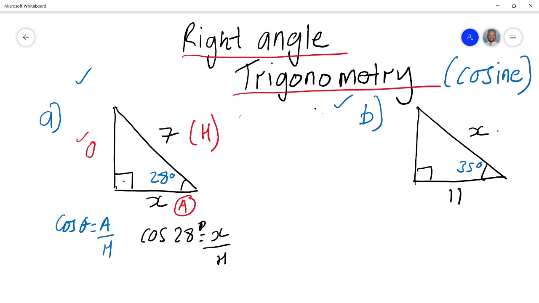There's an H here, so in place of H, I'm going to put 7. So X is going to be 7 cos 28 degrees.